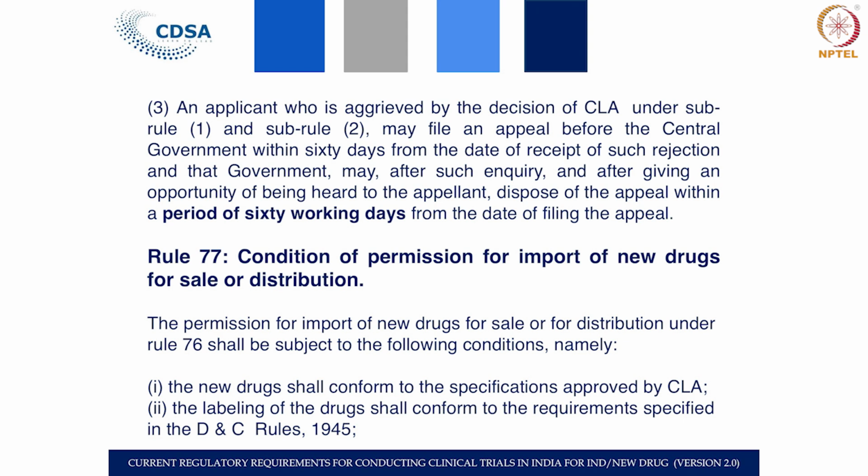Now, what are the conditions for permission for import of new drugs? This is given under Rule 77: the drug must always conform to the specifications approved by the CLA. What do we mean by specifications?